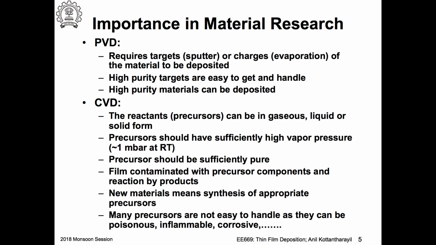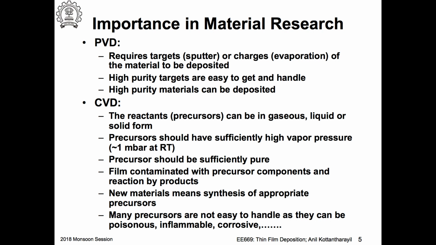So, if I start with a solid, I need to convert it into a vapor form, okay, a liquid, the same thing, and they should have sufficiently high vapor pressure. So, typically in the range of 1 millibar at room temperature. This is a thumb rule, but you can see people then try to do, if I start with a solid source, they try to convert it into some vapor by chemical reaction or by heating and so on and so forth.